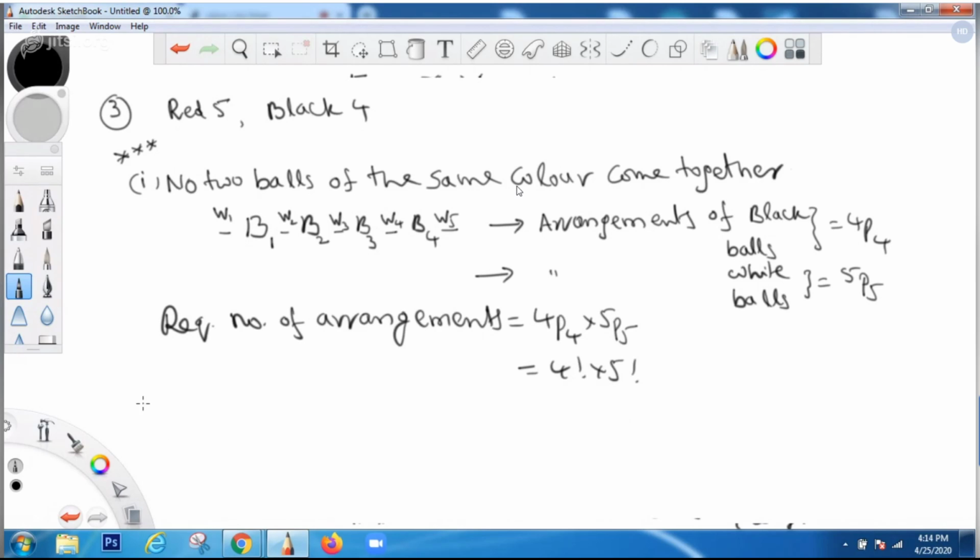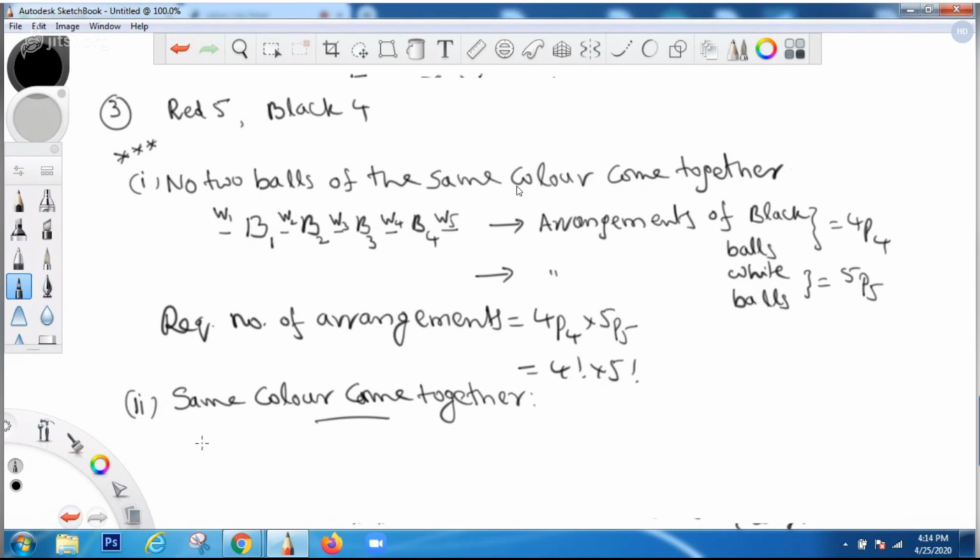And the second part is the same question: the balls of the same color come together. Same color coming together is the condition.